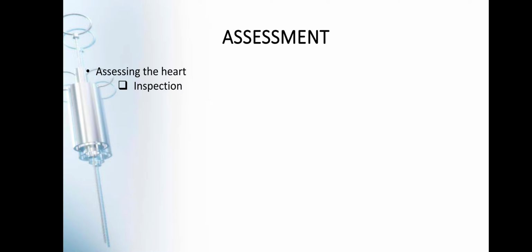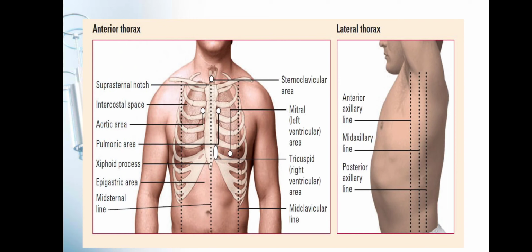Okay, so in assessing the heart, the first thing is for inspection, we inspect the chest and note for the cardiovascular landmarks. So, ayan po yung ating mga landmarks. We start with the sternoclavicular area, and then sa dalawa, we have the mitral area. Okay, we have the aortic area.